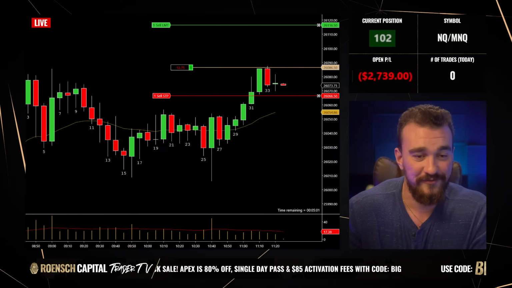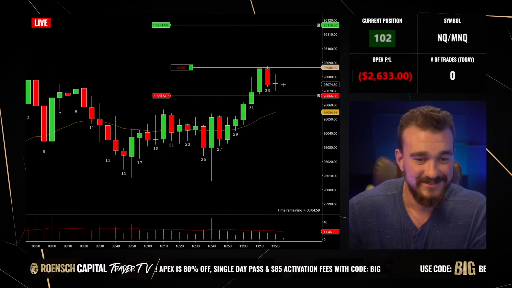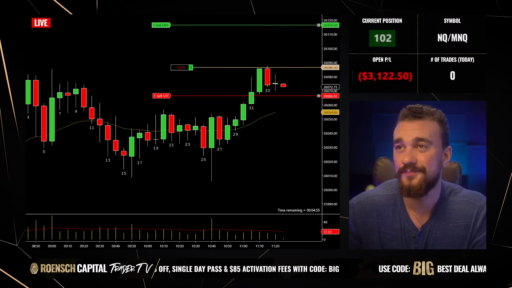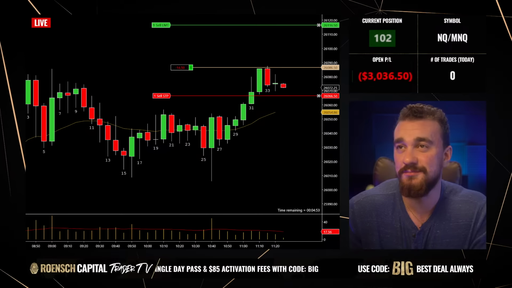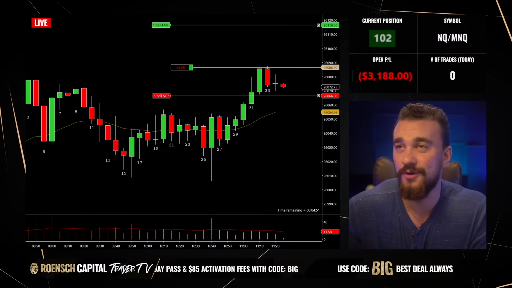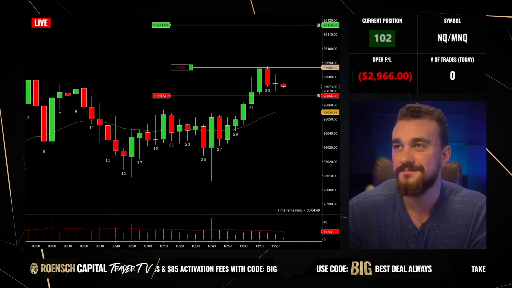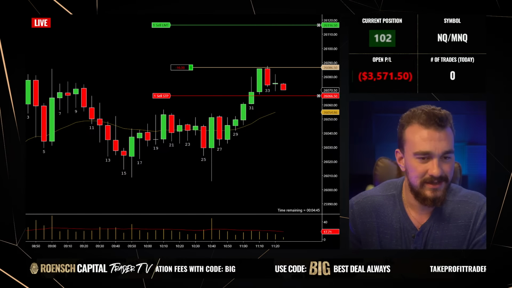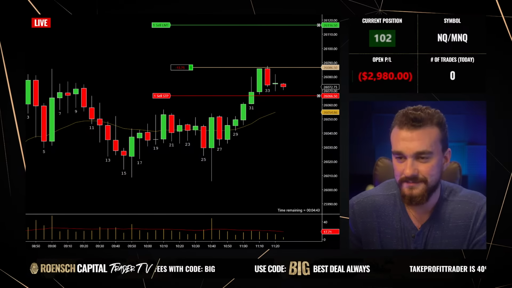There's the close of 34, big old doji. Ooh. Those bears seem curious about that wick low of 32. Let's see if they do it to us. They got the confidence?